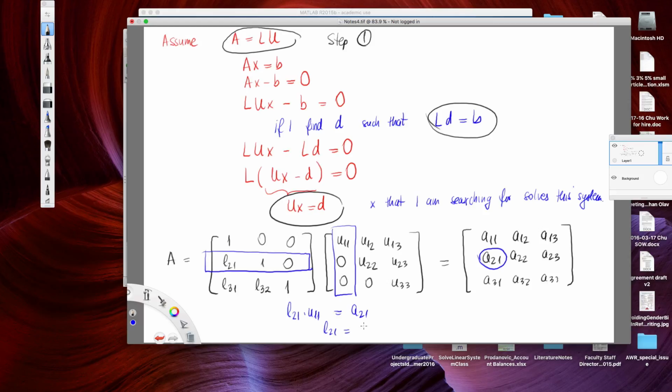So L21 is A21 divided by U11. But in my process of forward elimination, my first row never changed. So U11 is the same as A11, and L21 is A21 divided by A11, and that's precisely what I recorded as L21.